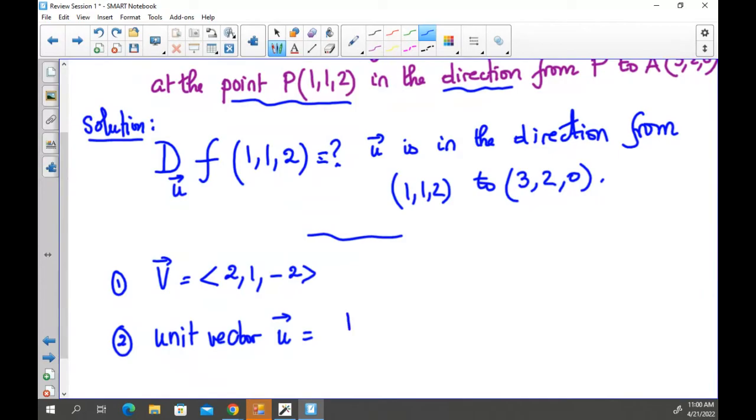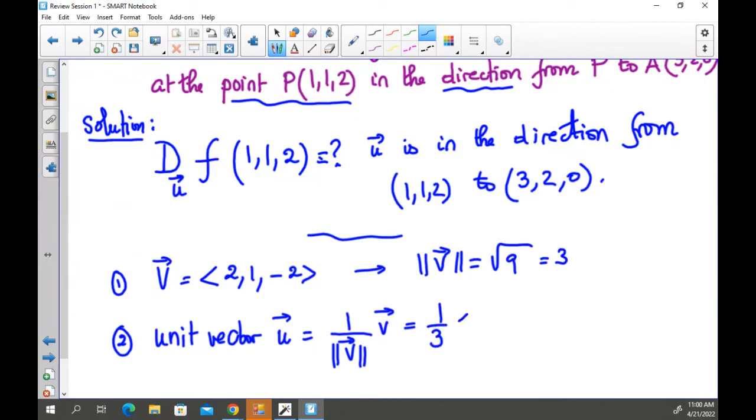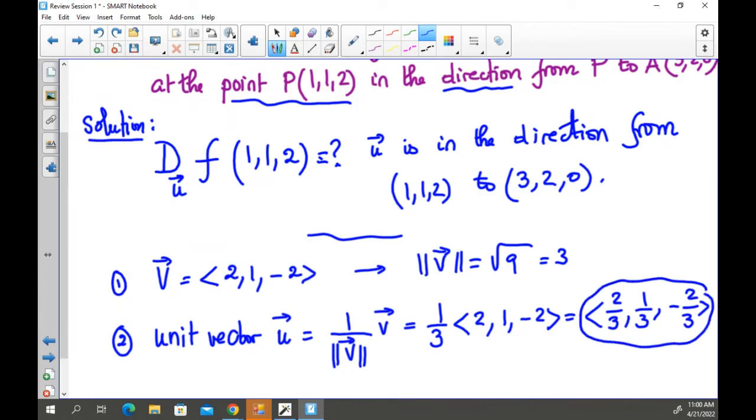So it's going to be 1 over the magnitude of V multiplied by V. Now, what is the magnitude of V? Square root of 9, which is 3. So it's 1 over 3 times V, 2, 1, minus 2. So it's 2 over 3, 1 over 3, minus 2 over 3. So that is the unit vector.